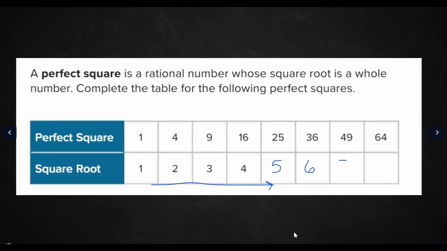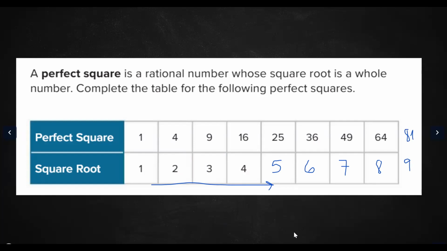What about 49? Well, a 7. 7 times 7 is equal to 49. And 64, it will be 8, right? What about the next one? Okay, the next one will be 81. 9 times 9 is 81, right?